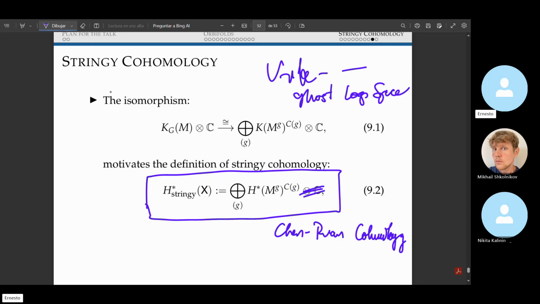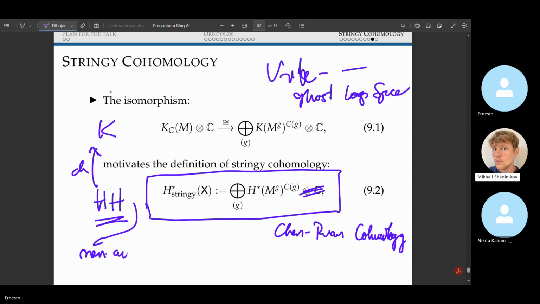For a slightly more sophisticated point of view, this is Hochschild, and this is K-theory, and there is a relation between Hochschild and K-theory when you think of Hochschild of a non-commutative thing. So it's the Chern character, right? Yeah, the Hochschild of a non-commutative thing.